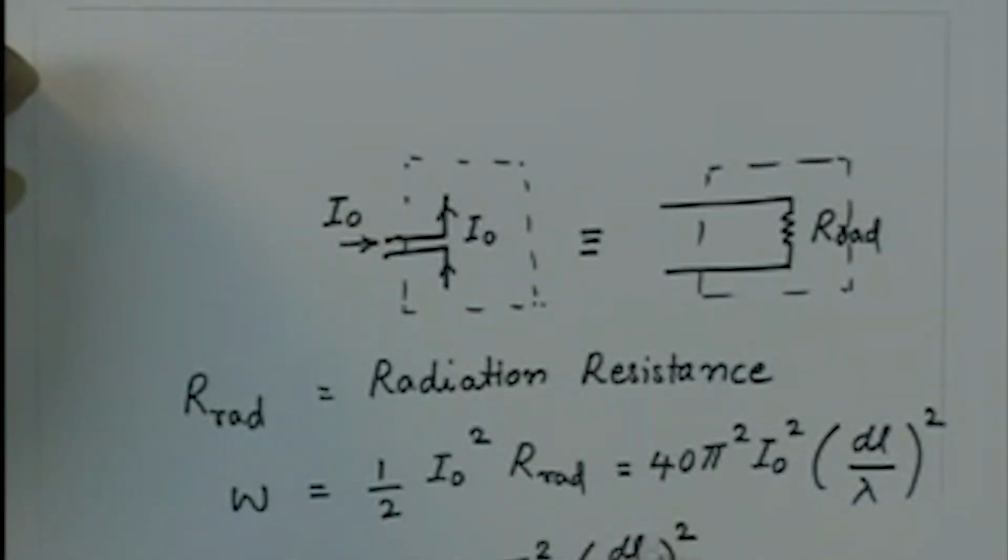So, we have a limited range of dl, which means we have a limited value of the radiation resistance. As a rule of thumb, when the length is about 10% of the wavelength, we can call that much smaller compared to lambda. If I take dl as 0.1 lambda, this ratio will be 0.1, and the square of that will be 0.01.